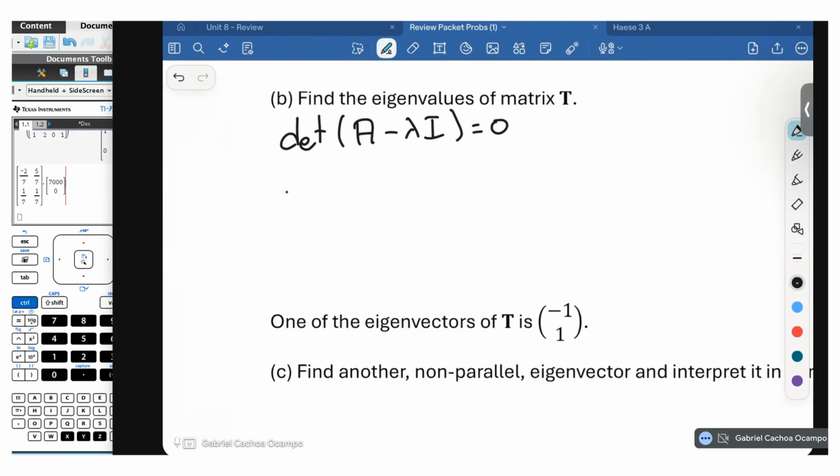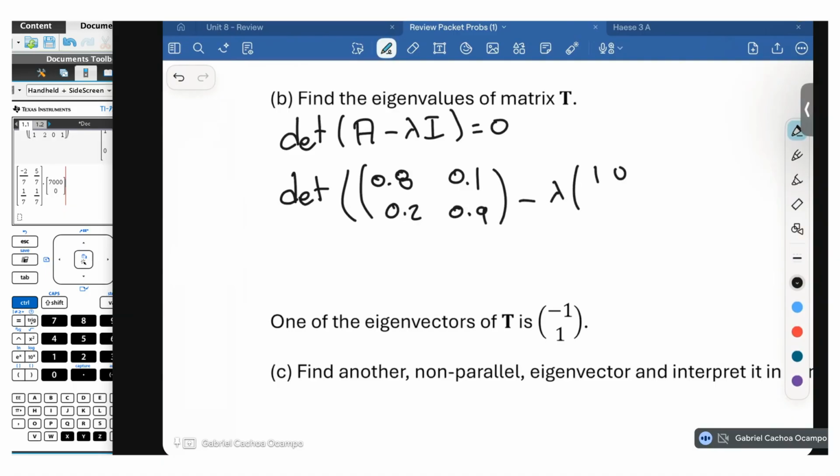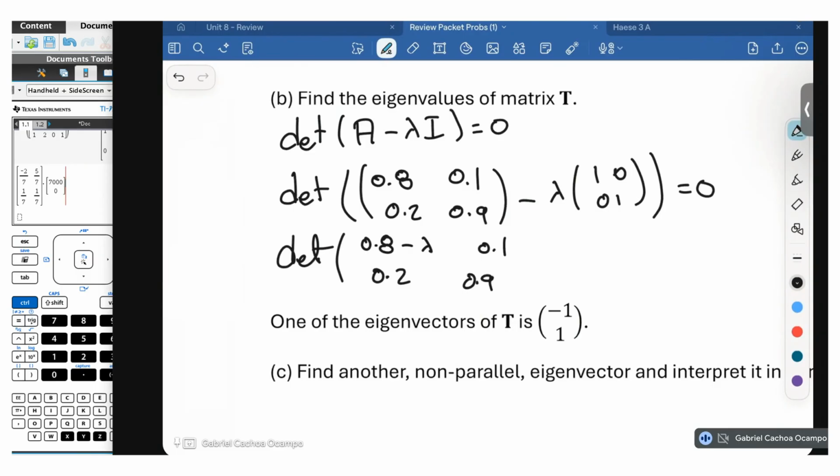So that is the determinant of the matrix 0.8, 0.2, 0.1, 0.9 minus lambda times the identity 1, 0, 0, 1, which is the same as the determinant of 0.8 minus lambda, 0.1, 0.2, 0.9 minus lambda equal to 0.